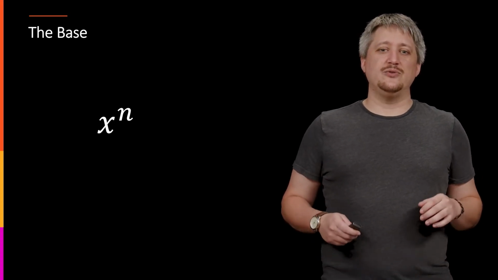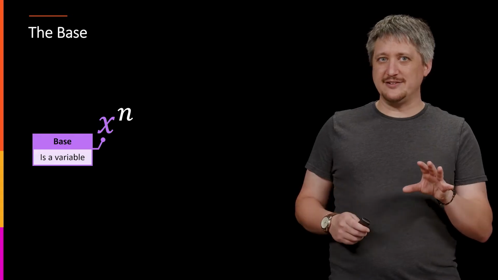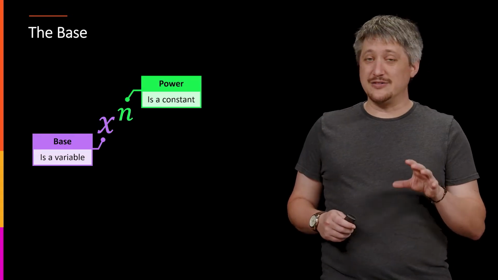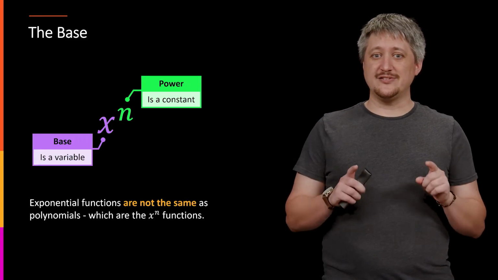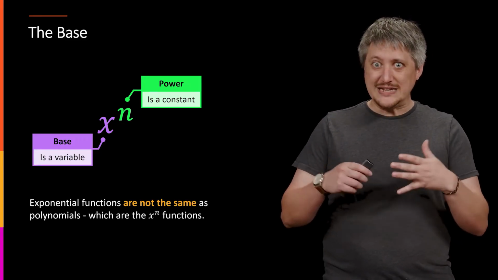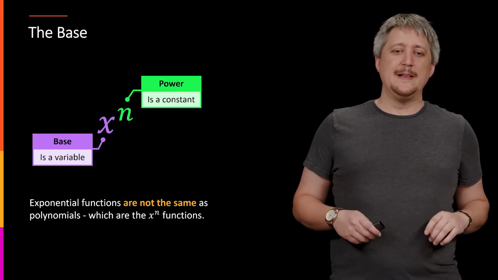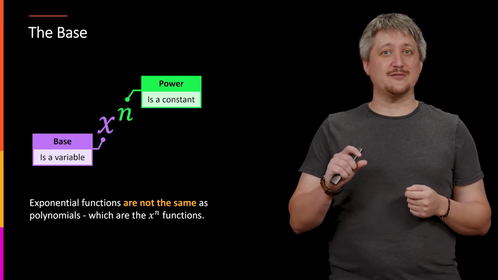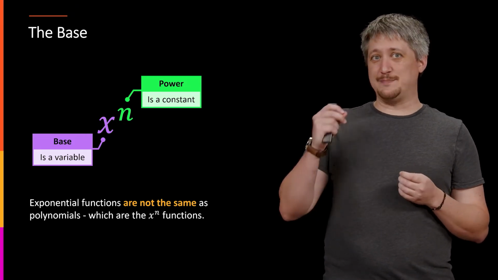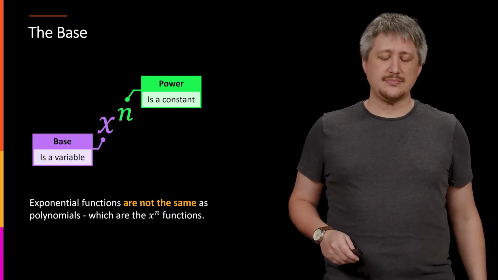To be clear, if I have a base that is a variable and a power that is a constant, this is not an exponential. This is a polynomial, or potentially a polynomial, depending on whether that constant is a whole number. The key thing is that exponentials need to have the variable in the power, and the base has to be constant. Can't go the other way.